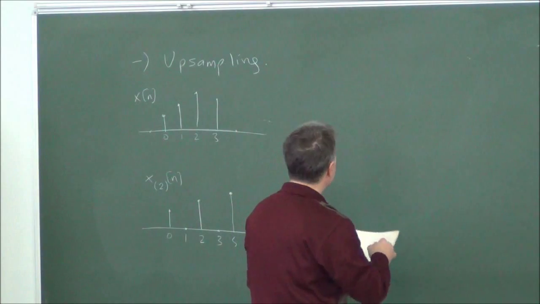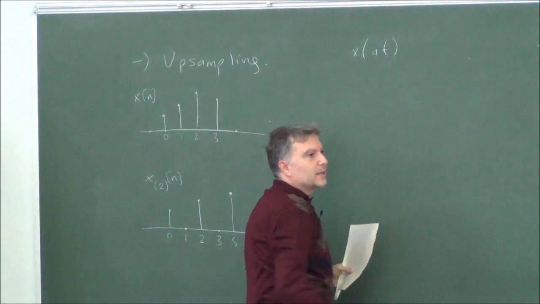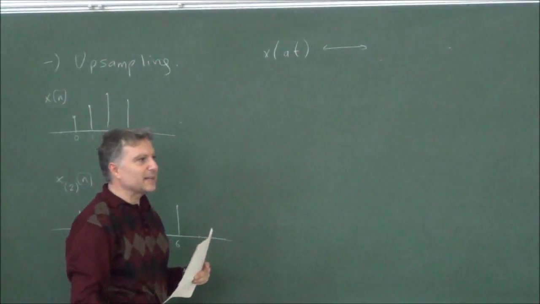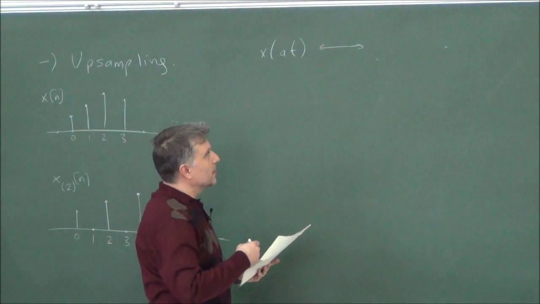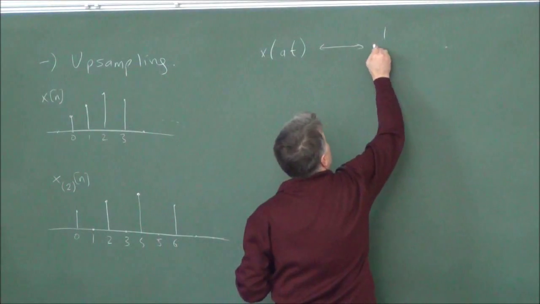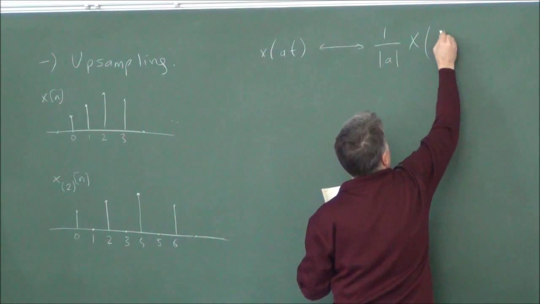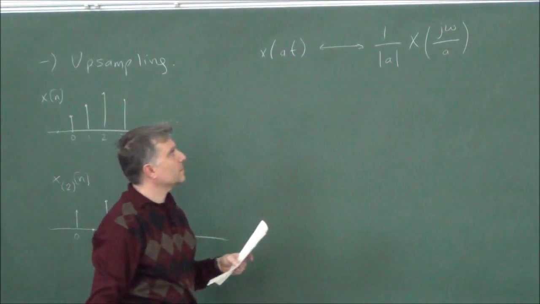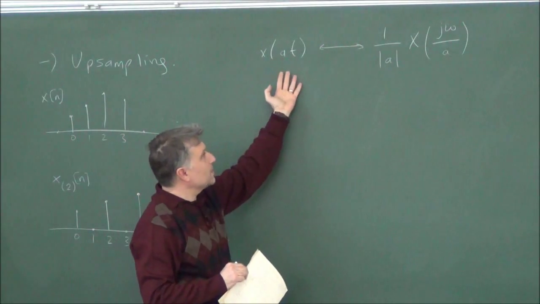From there, it may be beneficial to start by what was happening in continuous time. Do you remember the Fourier transform of a time-scaled version signal? This was one of the things that we have already seen, and it was this. The relation between the Fourier transform and the time-scaled version was like this.